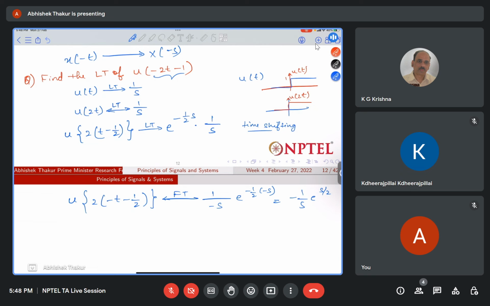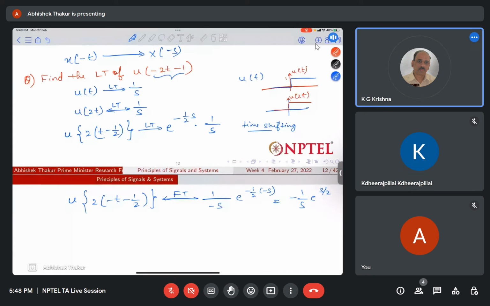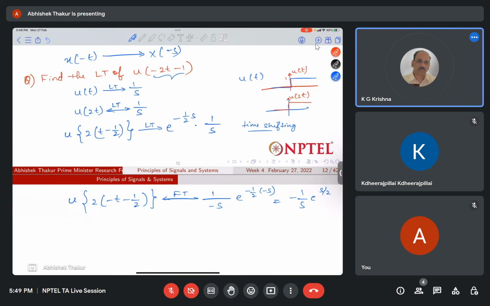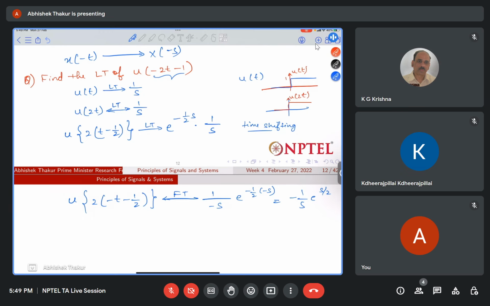Also we can do time reversal and then shifting, but we have to follow the order and apply all the properties. We can do it in any way. The answer will be the same at the end.